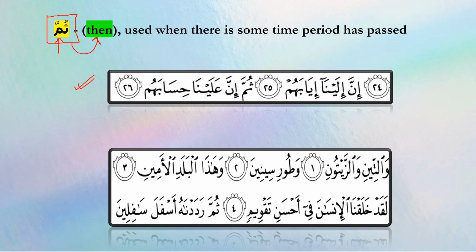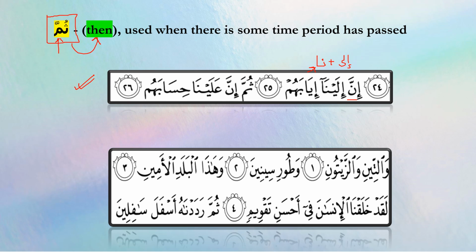In this ayah: inna ilayna iyabahum. Inna means indeed. Ilayna is the structure of ila plus noon alif. This is a pronoun, and we will learn it later. It refers to Allah subhanahu wa ta'ala, and most of the time in the Quran this pronoun is used for Allah, referring to Him only.